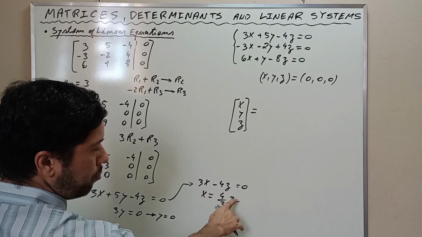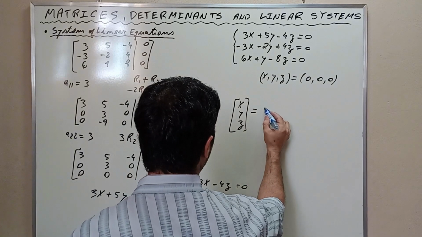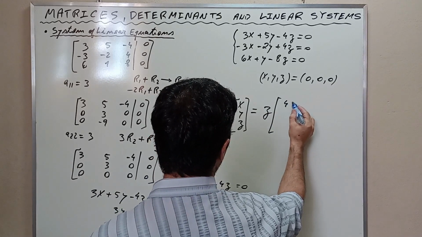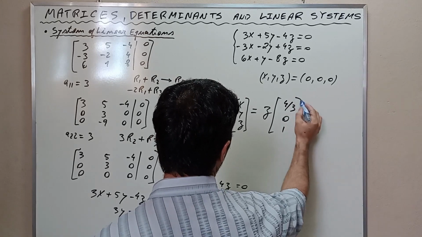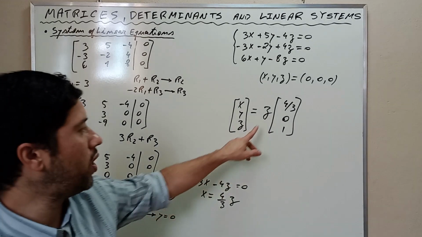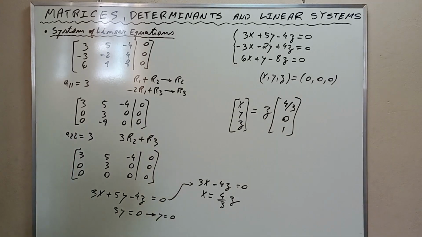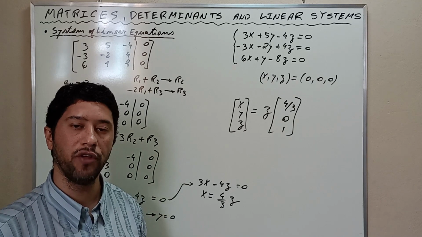They are not independent of each other, they are dependent. z times 4/3, 0 and 1, okay? And the system has infinitely many solutions, one for each value of z, which is a free variable.